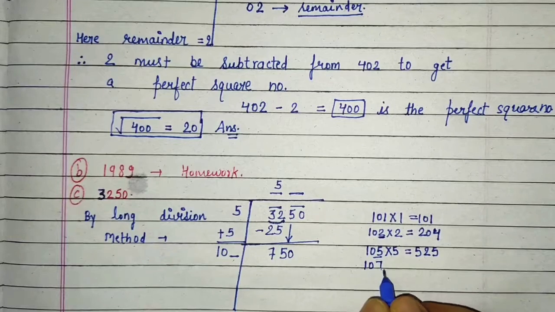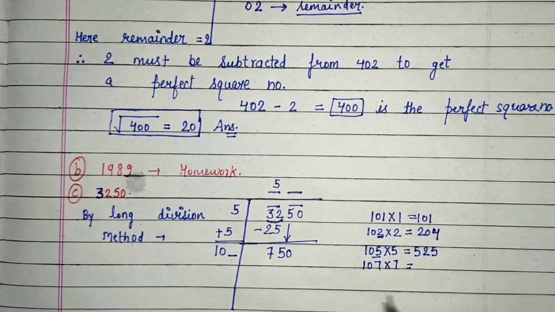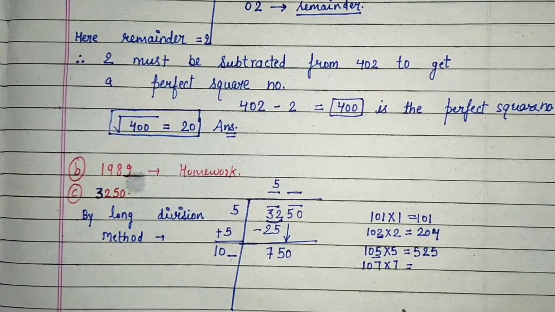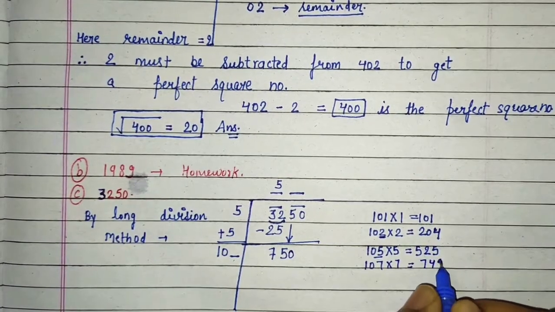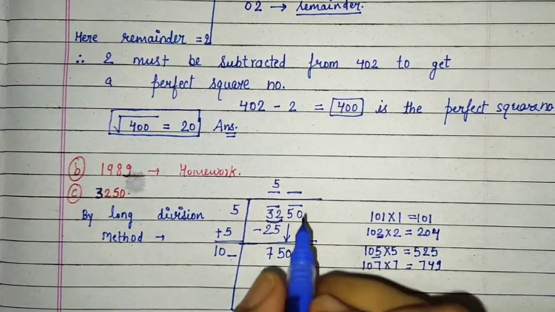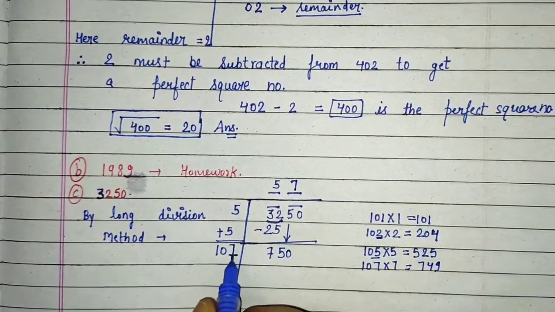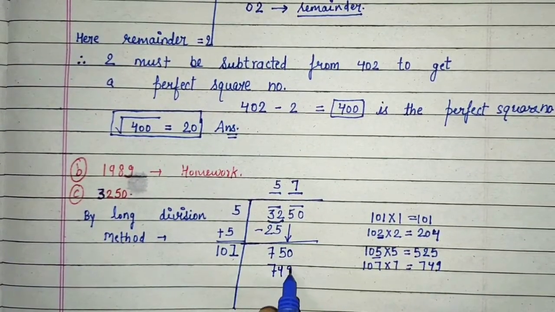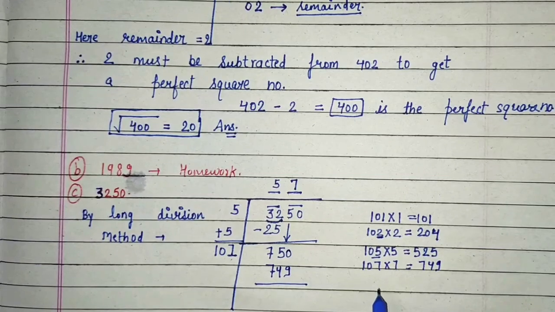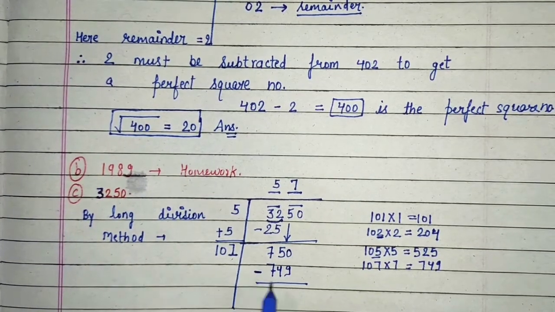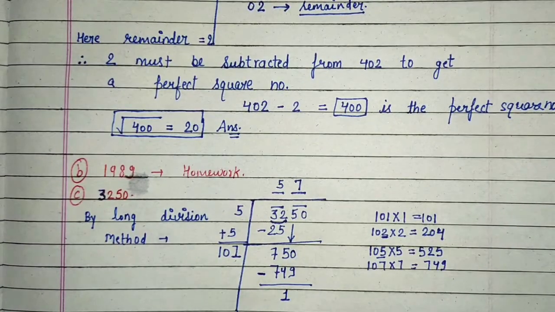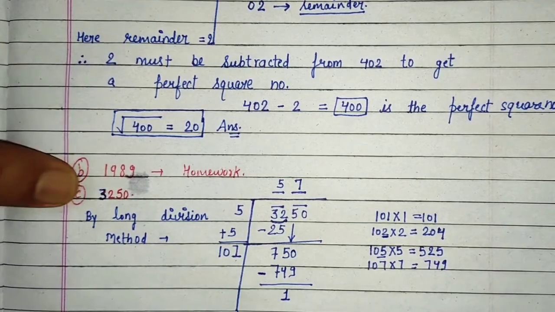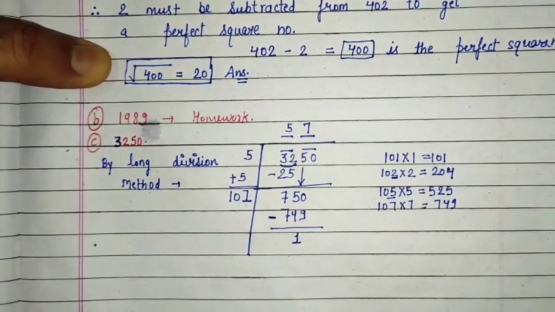Now if you choose 106, you can try 6, 636, that is less than 749, very close to 750. So we will choose 7, because if you choose 8, 108 into 8 is greater than 750. So now the remainder is 1. Yes or no?